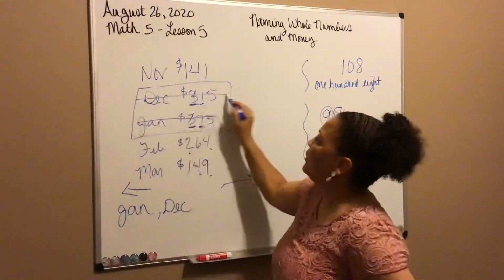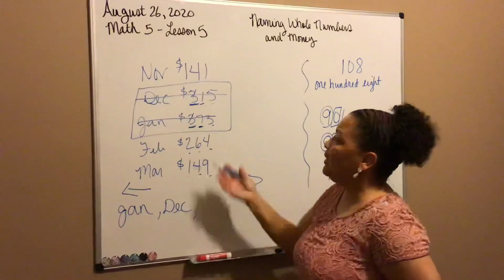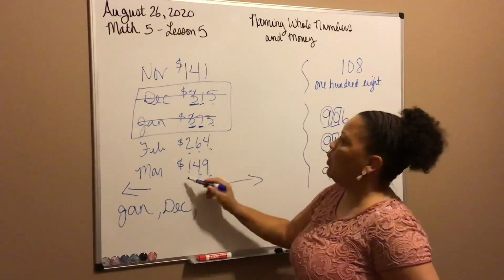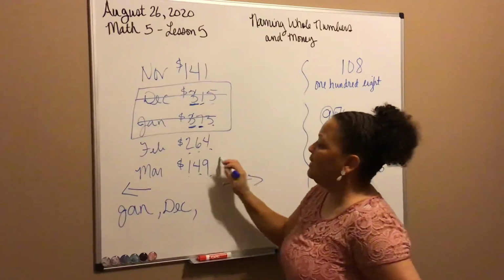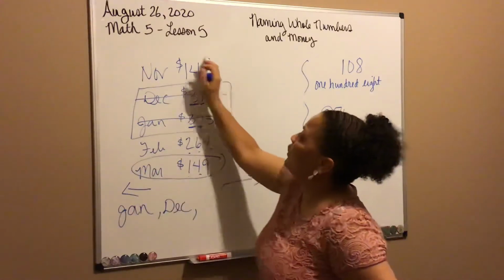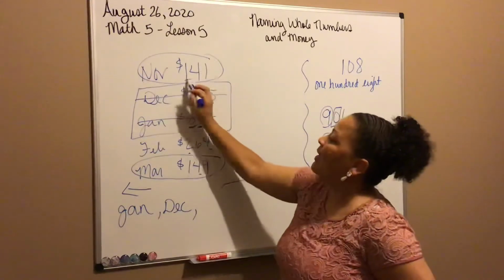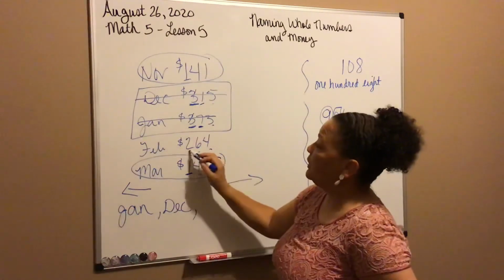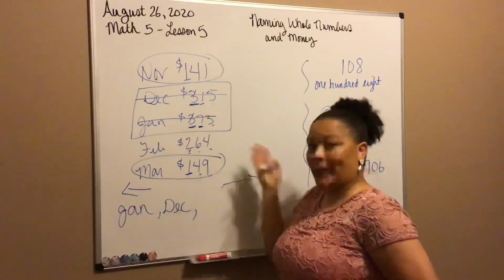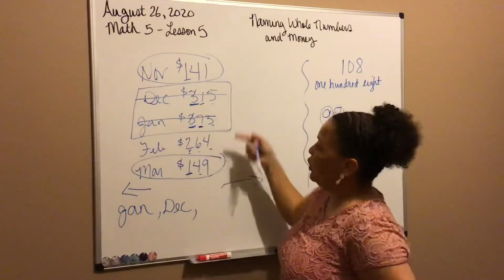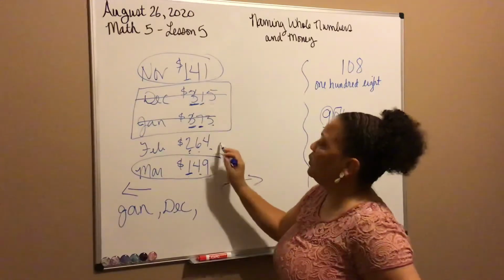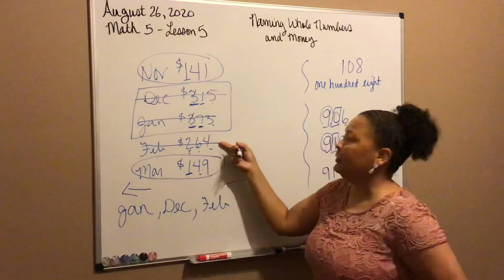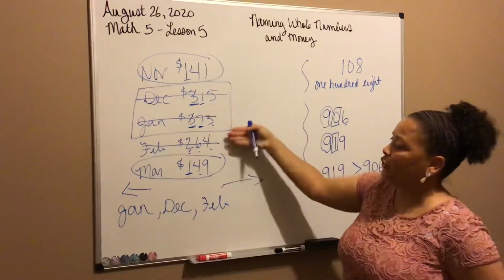So both of those were in the 300s, okay? So what comes next? We have 141, 264, 149. So we see that March and November both have 1s here, right? So this one is the next greatest. These 2 are going to be the last 2. So we're going to mark off February because that is our next. It is in the 200s. So we went from 300, 300, 200.